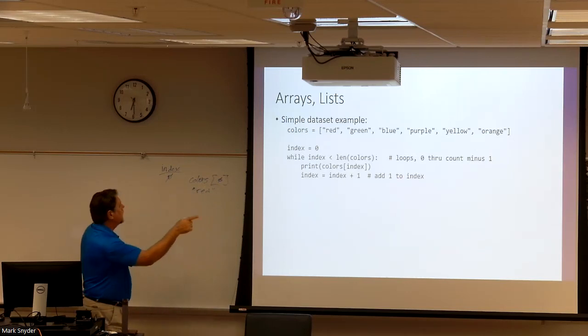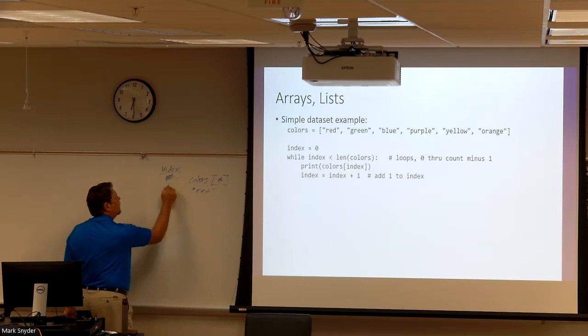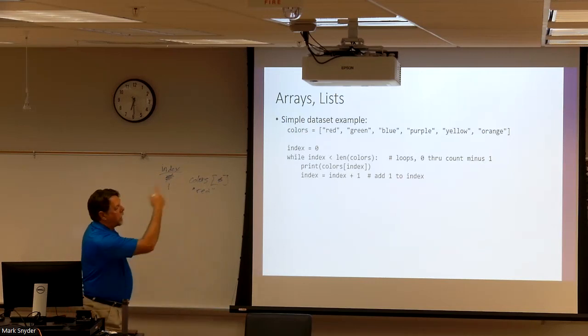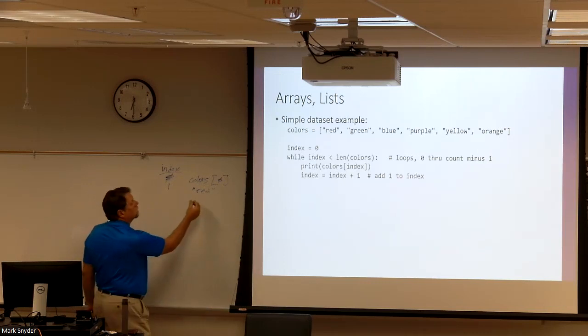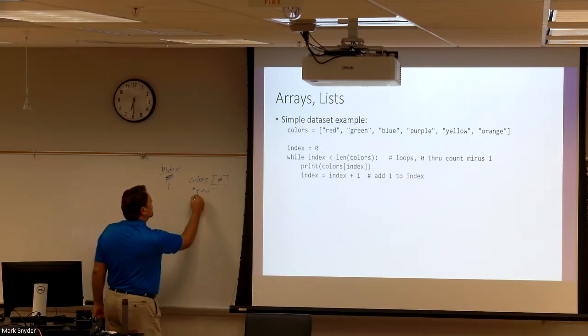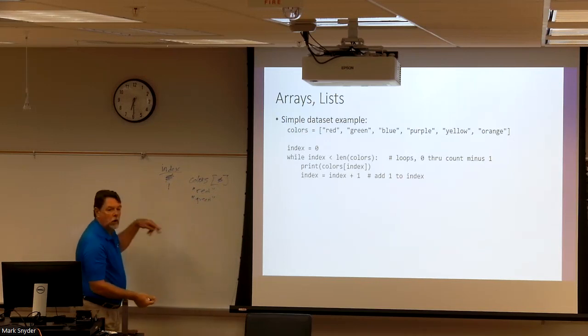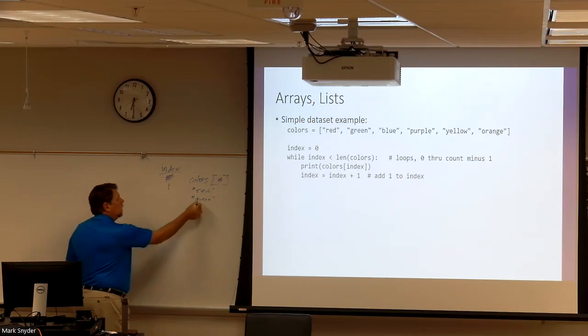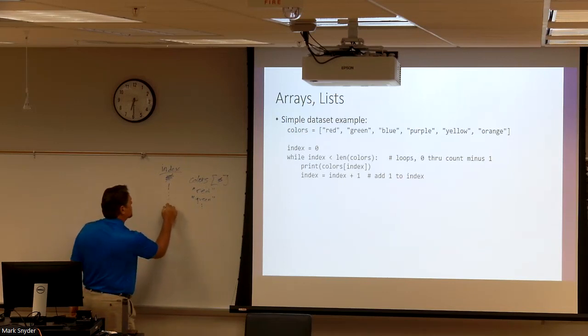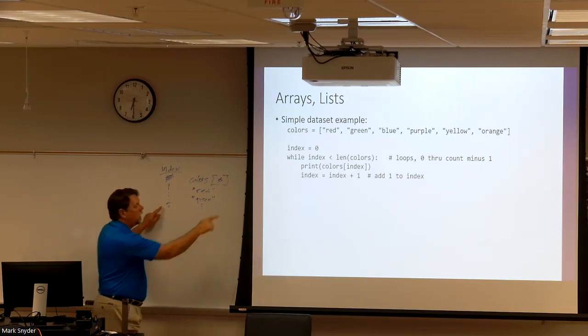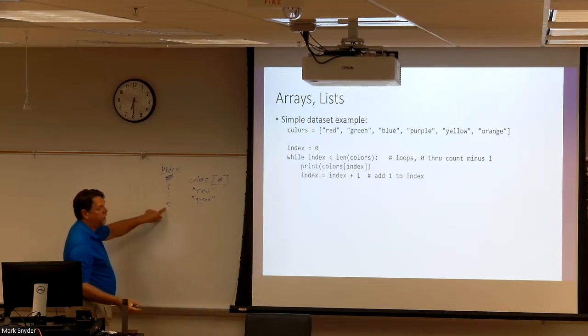We go down, index equals index plus 1. Go back up, 1 is less than 6. We print colors sub 1, and so on. So then we get up to, let's say 5, index equals index plus 1, we get to 5.